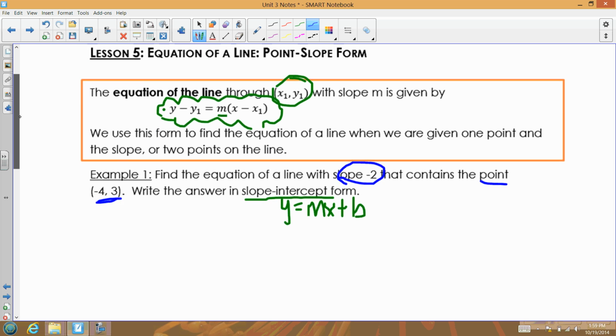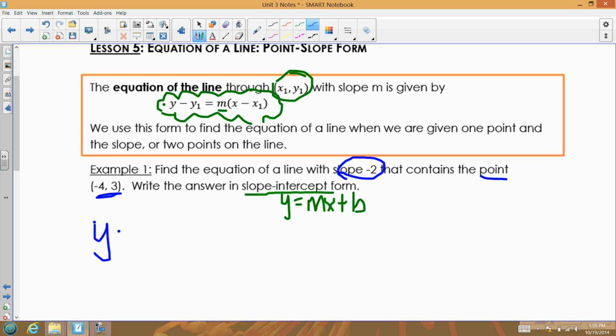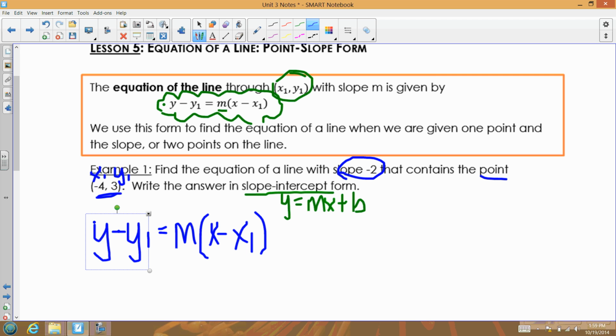So using the formula from above, y minus y1 equals m times x minus x1, you can plug in, this is like your x1, y1, and this is your m. So we just plug those things in.